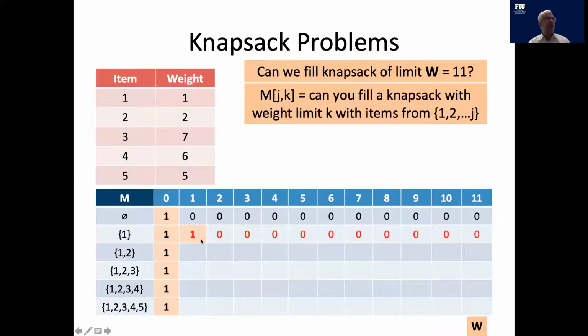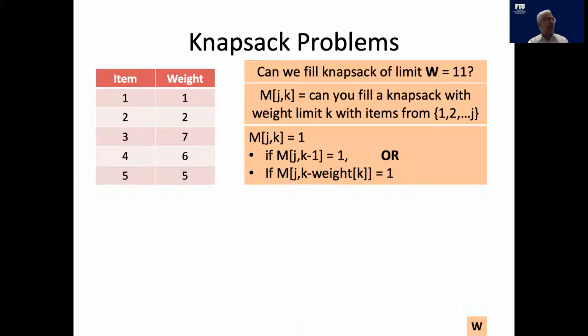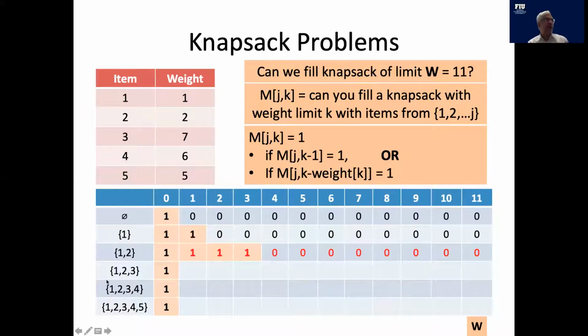On the other hand, if I can choose from either item 1 or 2, now it becomes more interesting because I can do 0 if I don't pick anything. I can do 1 if I only pick the first item, right? Because the first item has weight 1. I can get 2 if I only pick item 2, because item 2 has weight 2.